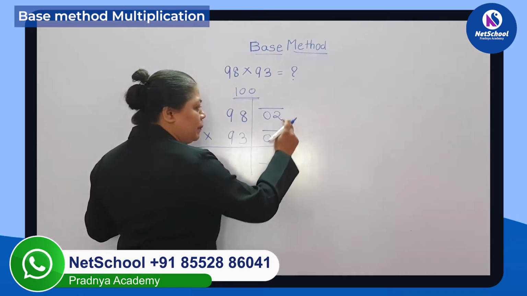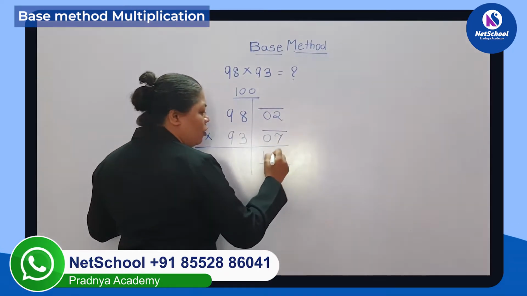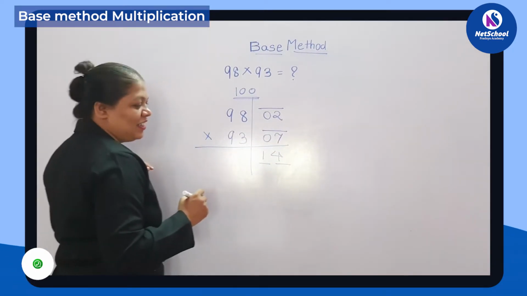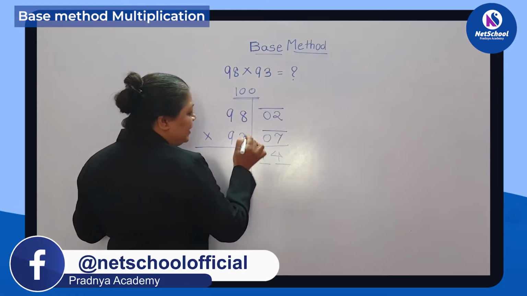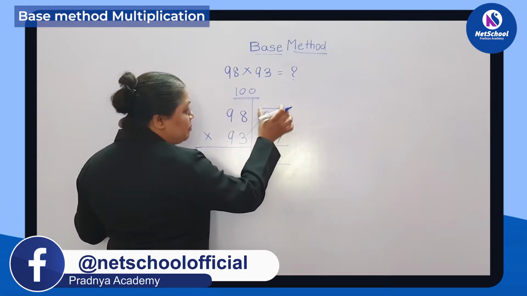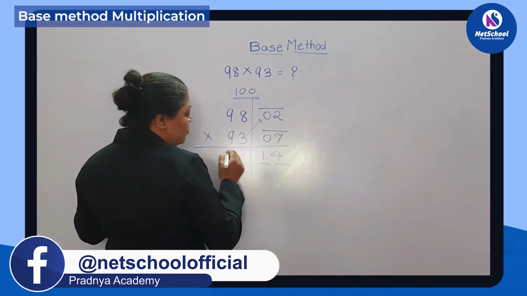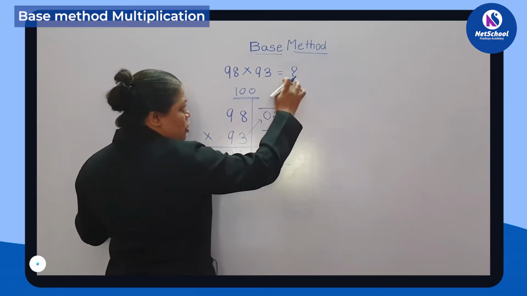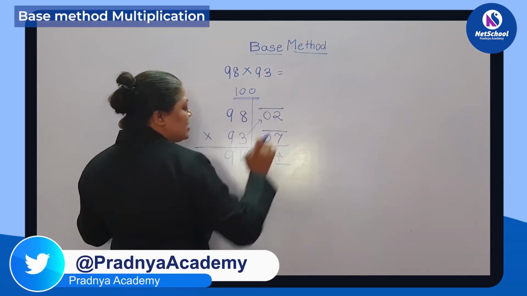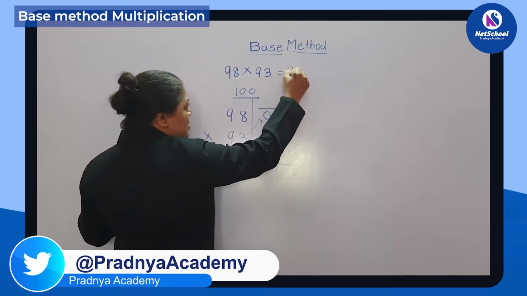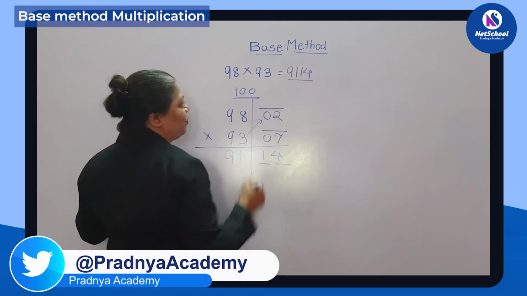So let us multiply: 7 2s are 14, and diagonally 93 minus 2 is equal to 91. So I will write the answer as 9114.